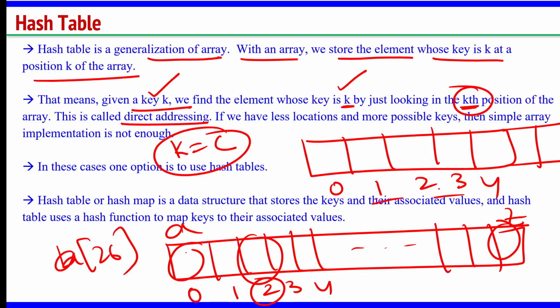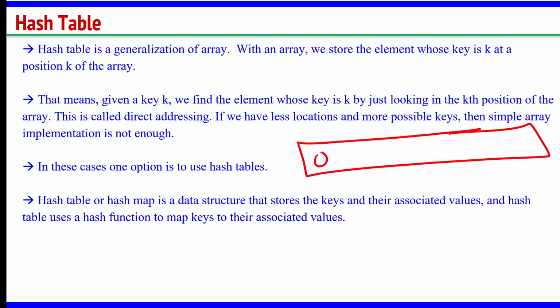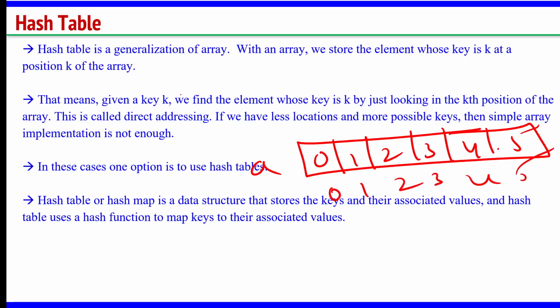Direct addressing can also be seen like this. I have elements at indices 0, 1, 2, 3, 4, 5. Given a key k, suppose k is given as 3, we find the element whose key is k by just looking at the kth position.